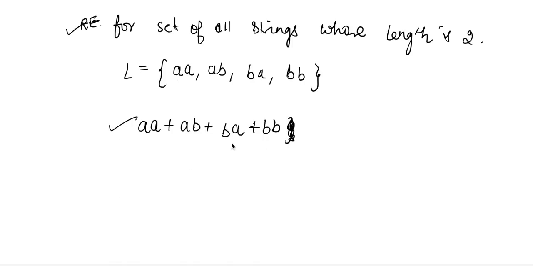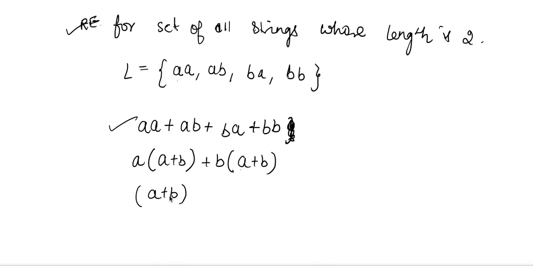Okay, if you want to simplify more, or it is not looking good, what you can do is pull a from the left hand side, it becomes a(a+b). Now if you pull b from the left hand side from these two strings, it becomes b(a+b). Now pull (a+b) from the right hand side, it becomes (a+b)(a+b).